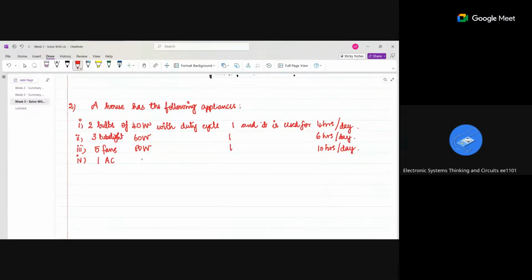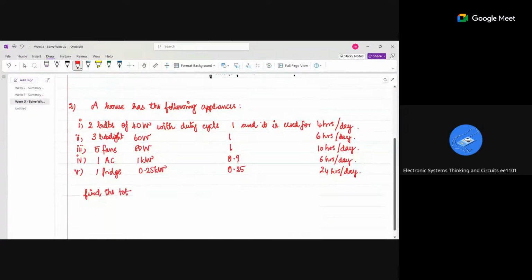1 AC with 1 kilowatts, 0.9 duty cycle, used for 6 hours per day. Then again 1 fridge, 0.25 kilowatts with a duty cycle 0.25, used for 24 hours per day. Find the total number of units consumed per day.